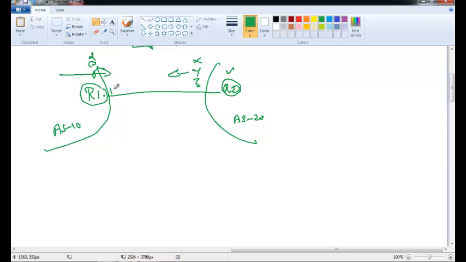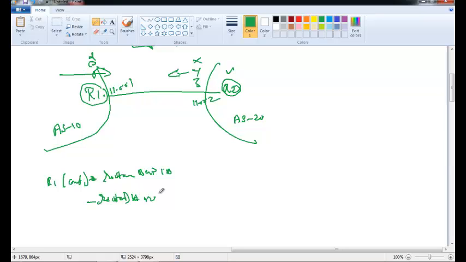Let's say here our address is 11.0.0.1. Here our address is 11.0.0.2. Now on R1, what do we say? R1 config T. We will say router BGP 10, and we will be inside the router mode.